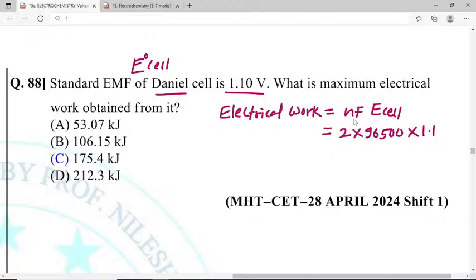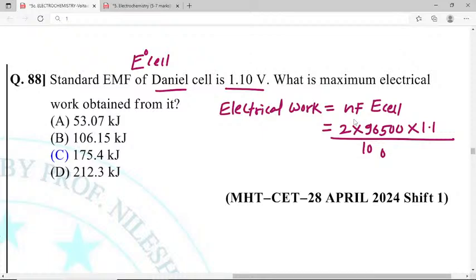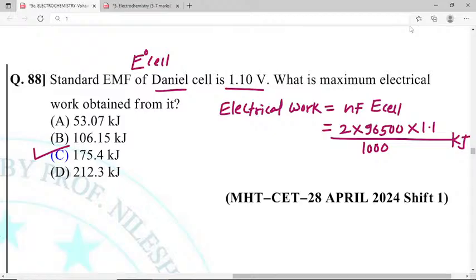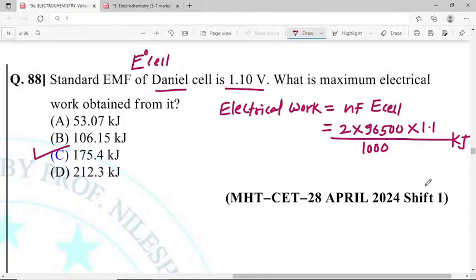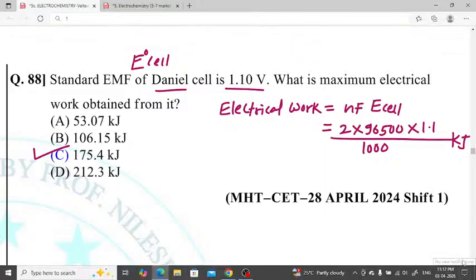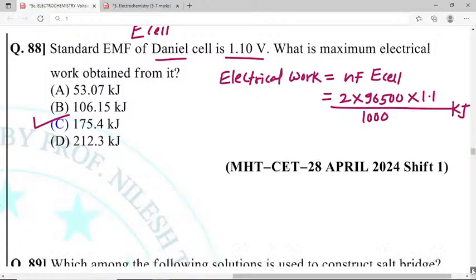This whole divided by 1000 will get the answer in kilojoule. So 175. Okay, get it everyone.